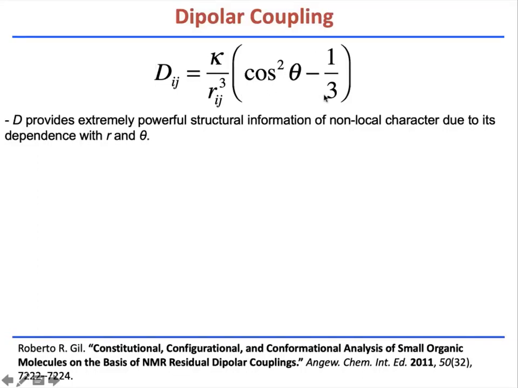Looking at this equation, you can see that D provides extremely powerful structural information of non-local character due to its dependence on the distance between the internuclear vectors and the angle.